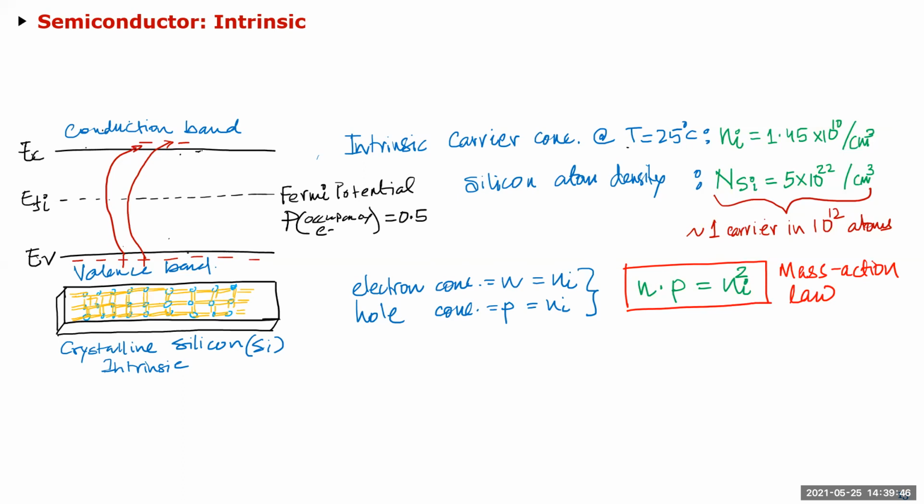It says that the product of the electron concentration times the hole concentration is equal to Ni squared, the intrinsic concentration squared. So that's just a law which is applicable to a semiconductor as long as it's not degenerate.